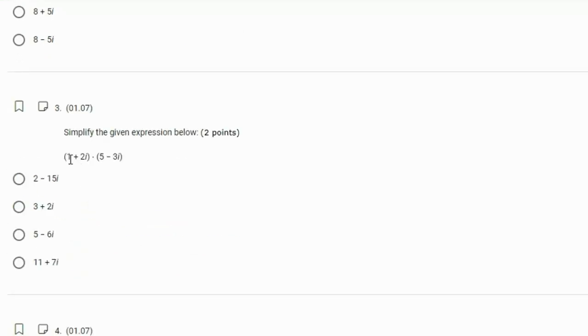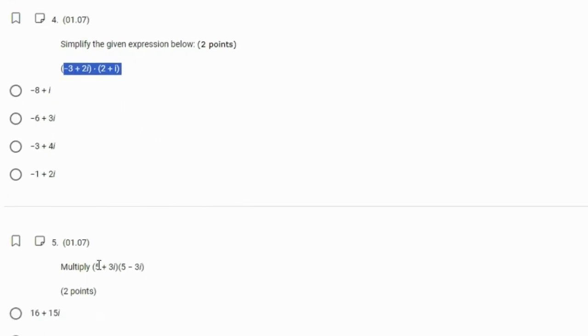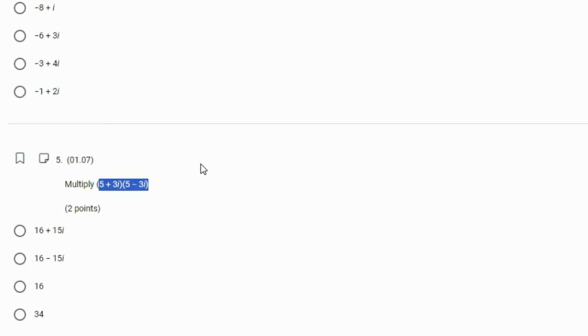Here's a multiplication problem. Here's another multiplication problem. And here's a multiplication problem with conjugates. With conjugates, that tells you the answer is either 16 or 34 because there should not be any imaginary part. When you multiply 2 conjugates, it's a real answer. 5 problems. That's it.